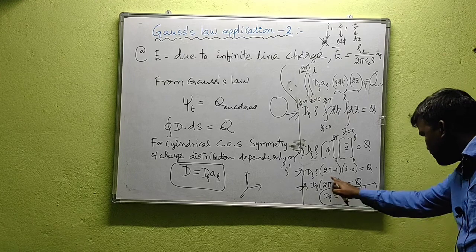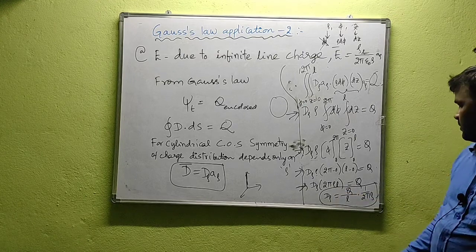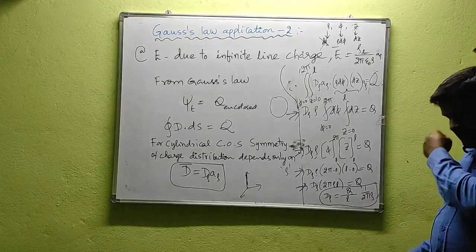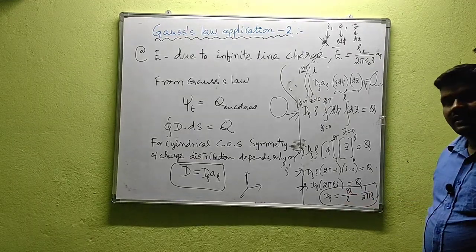Q by L is the charge per unit length, which is nothing but the line charge density.